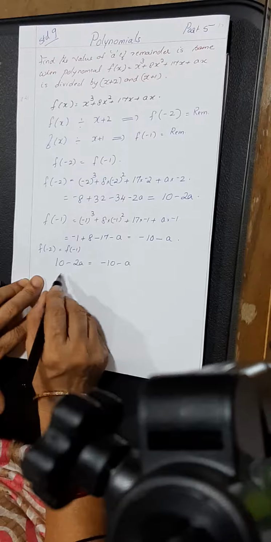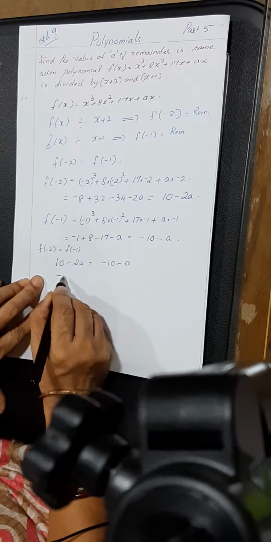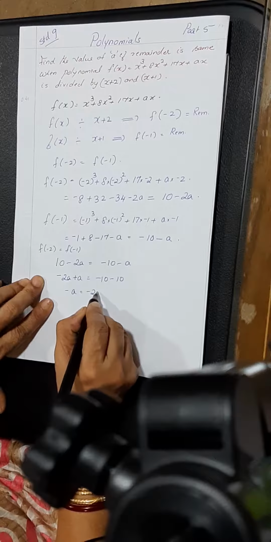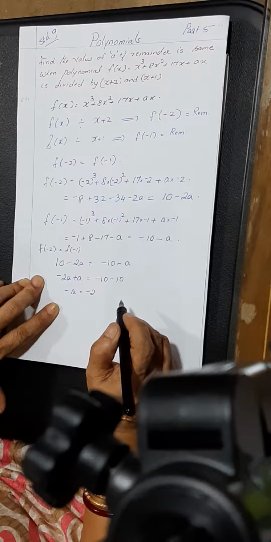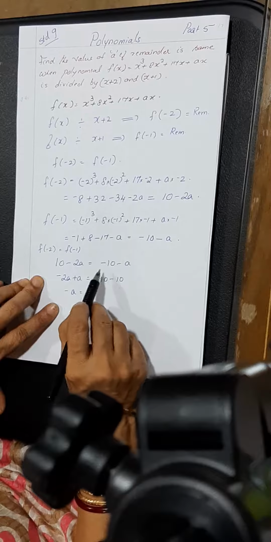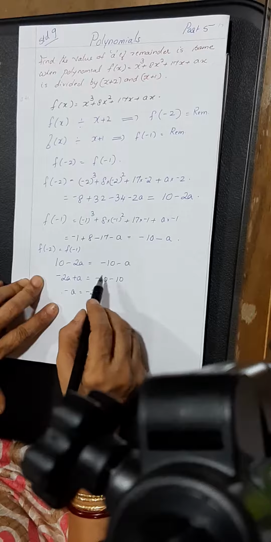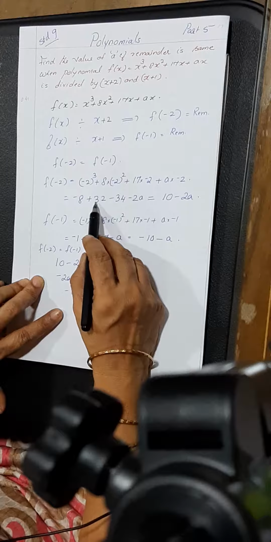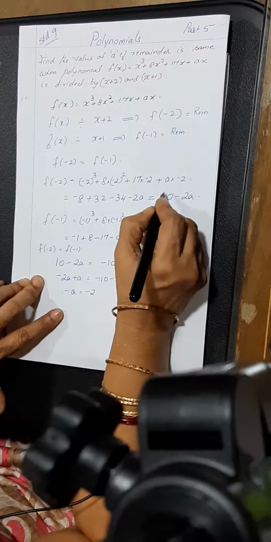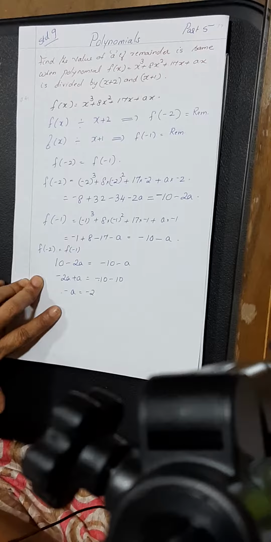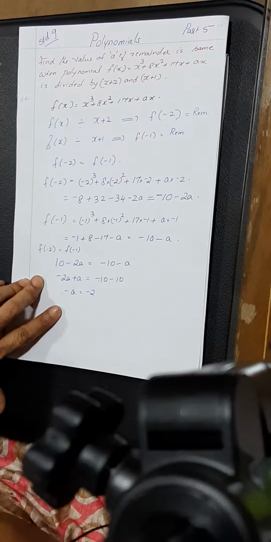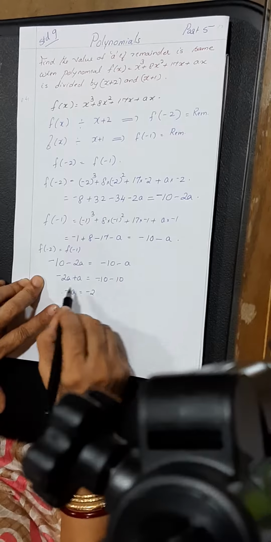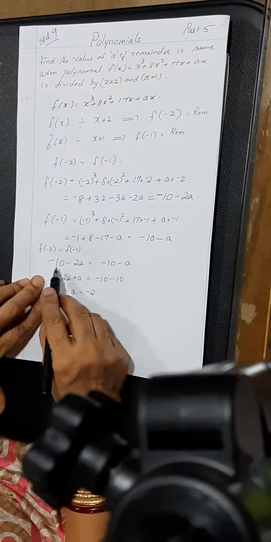So, bring a this side: minus 2a plus a is equal to minus 10 plus 10.